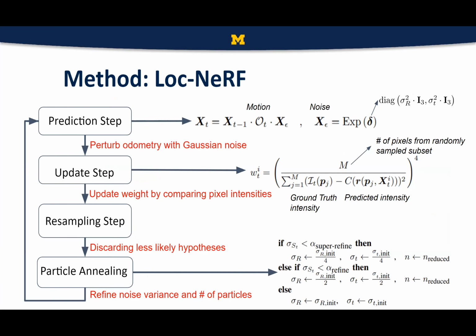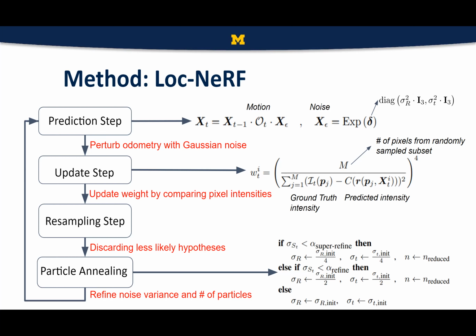Now let's see how the particle filter works in Loc-NeRF. Same as other particle filter algorithms, it initializes hundreds of particles and uses motion and Gaussian noise for the prediction step. During the update step, Loc-NeRF updates particle weights by comparing randomly sampled pixel intensities between the predicted images and the ground truth image for each particle.